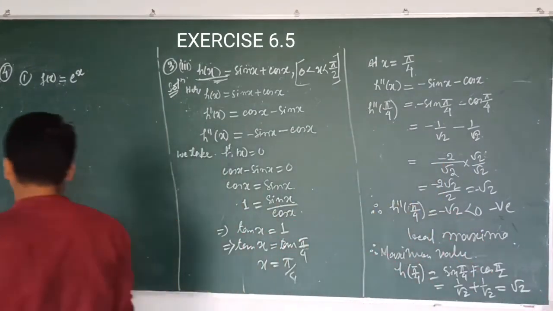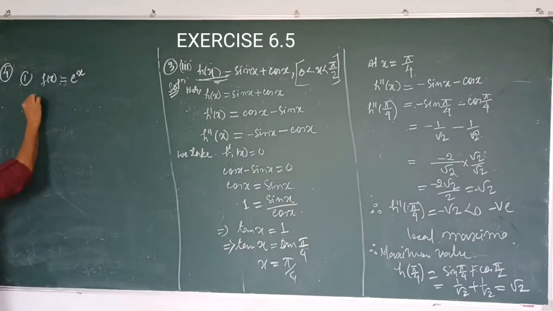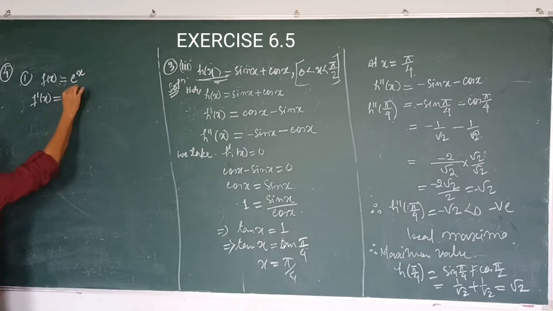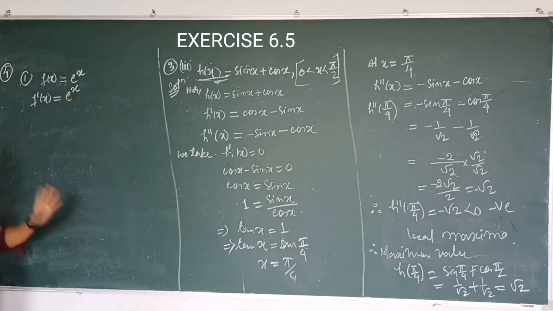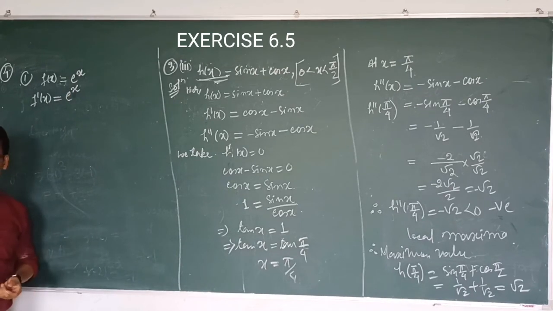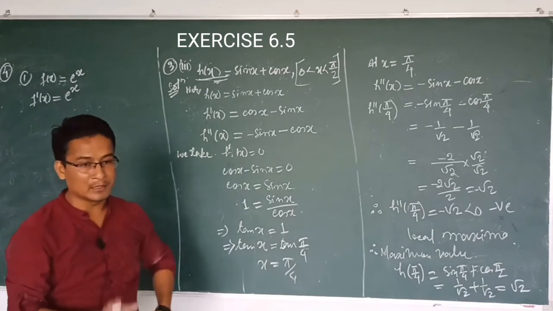If you solve this, f dash x, what do you get? e to power x, no change. So if you put any value of x here, you never get 0. So f dash x equal to 0 is not possible.